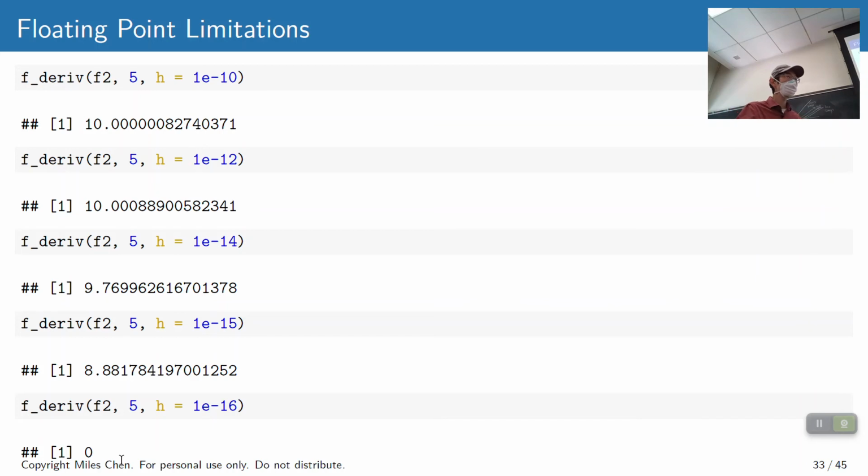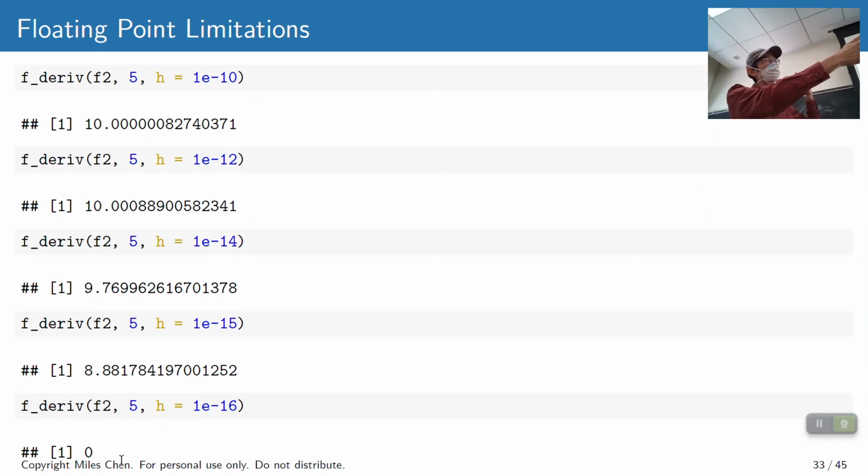If we were dealing with real numbers, then yes, shrinking h as h goes to 0 would give us better answers for the derivative. What we're running into is the limitations of floating point arithmetic. When you add just a tiny value to something, the computer has a hard time detecting some of these changes.